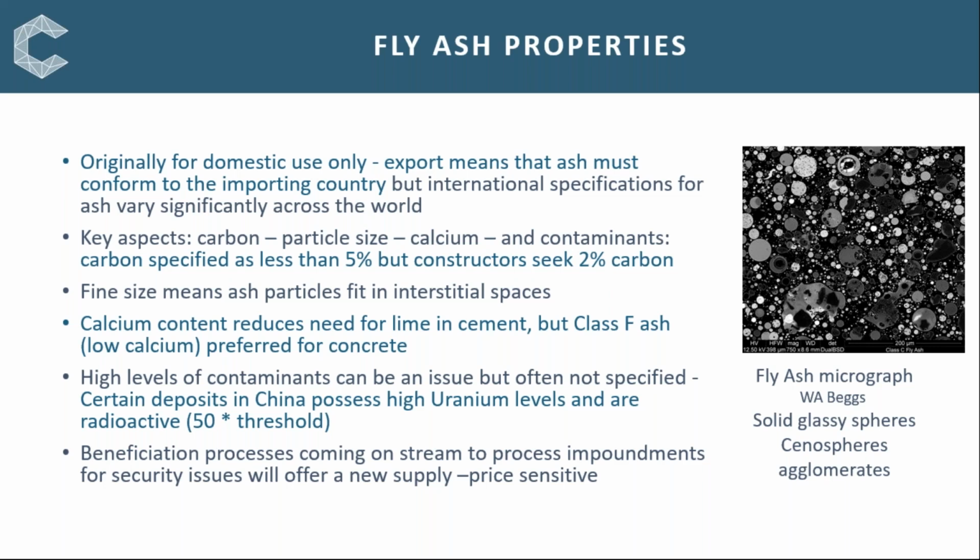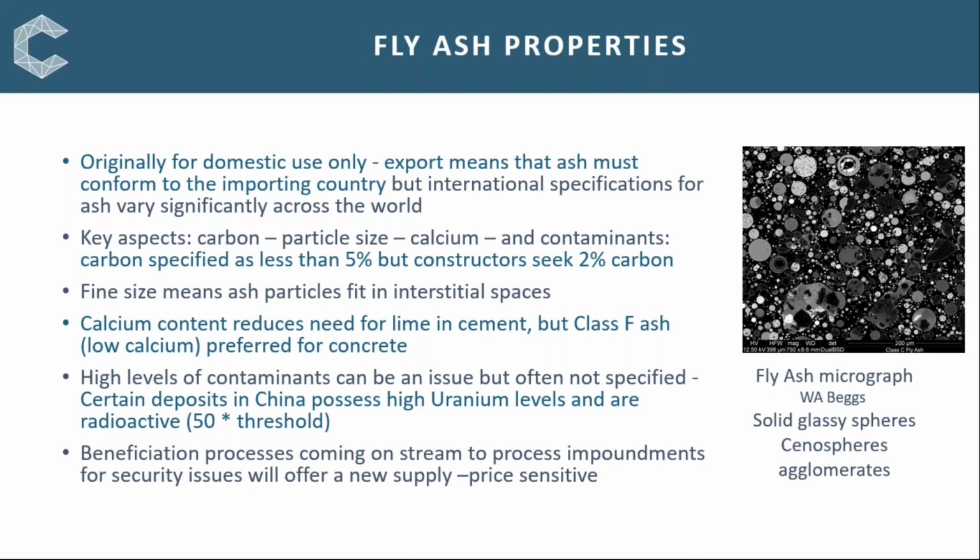The specification for ash has evolved for each country independently, but is of more significance now that ash export is underway. The key factors are the carbon content, where too much impairs the strength in concrete, the particle size, which can fill interstitial spaces, calcium levels, where high calcium means less lime use in cement mortars, and contaminants.